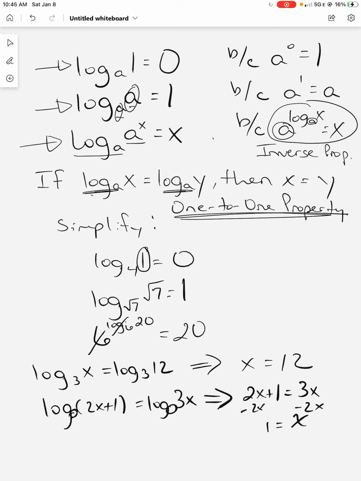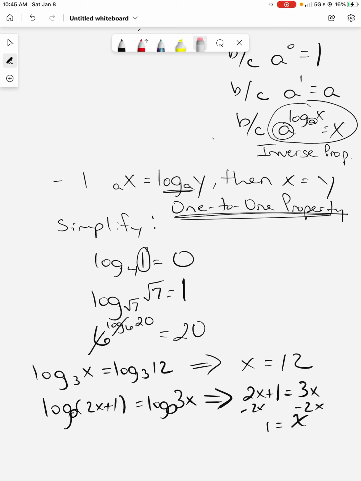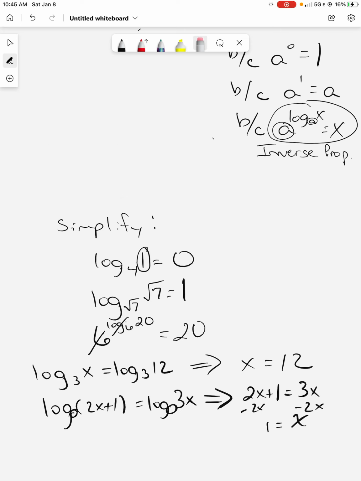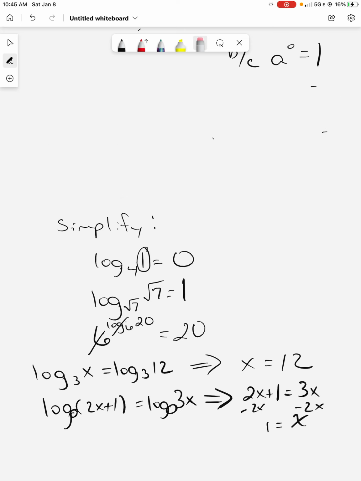Okay? So the last thing that I need to show you with logarithmic functions is a special logarithmic function. Just like with exponentials, we had e to the x, which is the natural exponential function.